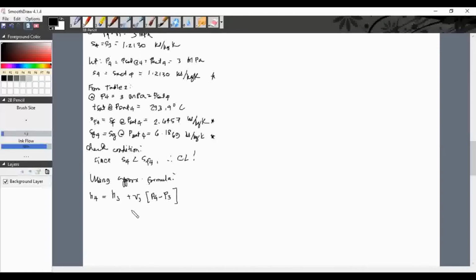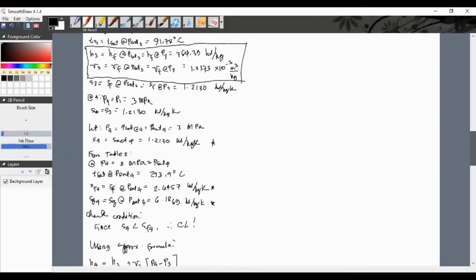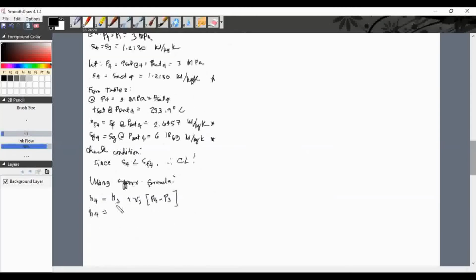O doon pala yun, no? So we have H4. O meron na tayo nakuha kanina H3. So H3 natin is 384.39 kilojoules per kilogram plus V sub 3.